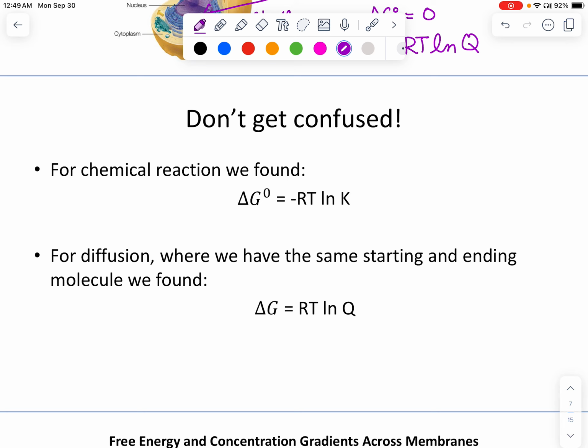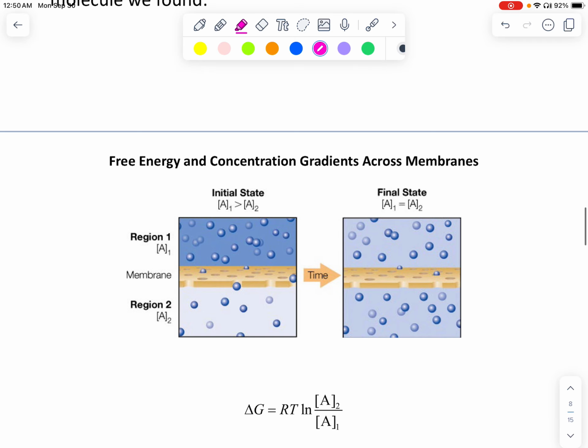For a chemical reaction, we found the standard Gibbs free energy was negative RT natural log of K. But for diffusion, where we have the same starting and ending molecule, here is the equation that we're really going to be looking at. This delta G equals RT natural log of that reaction quotient. So this bottom one is going to allow us to calculate the energy of a molecular ion passing across a membrane.